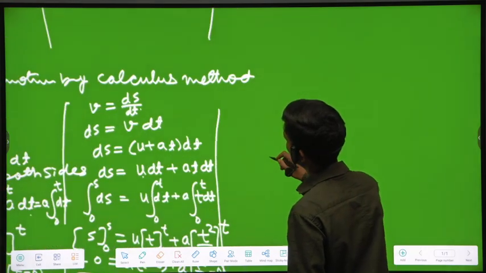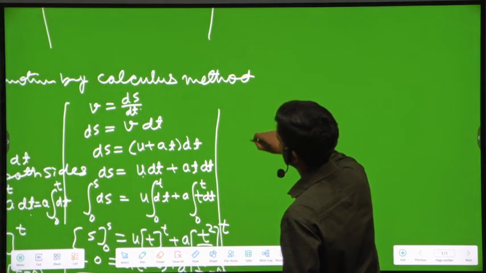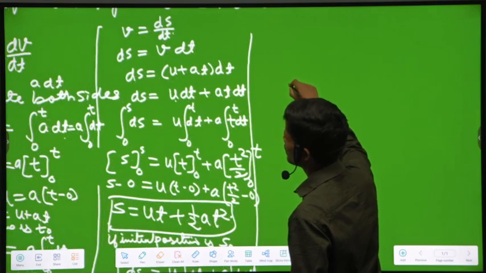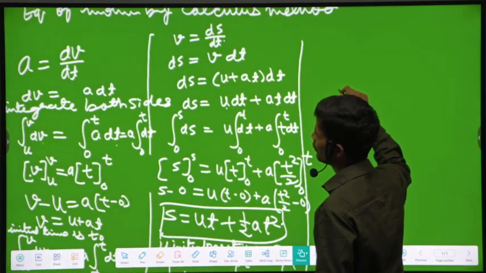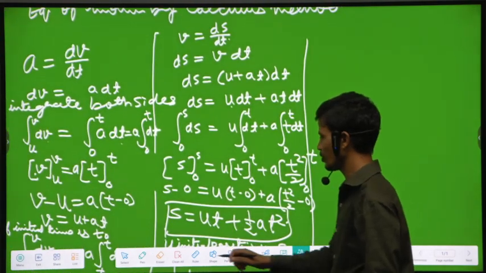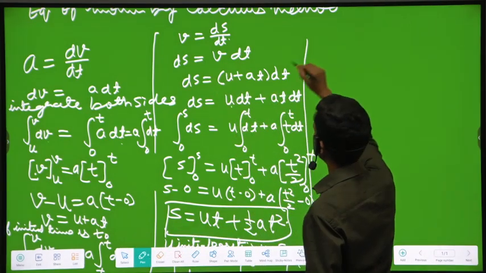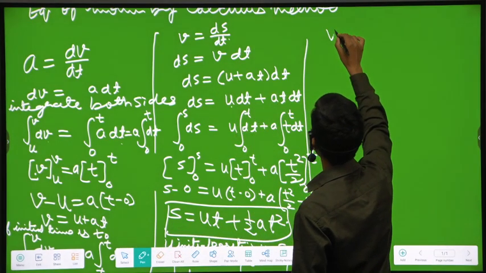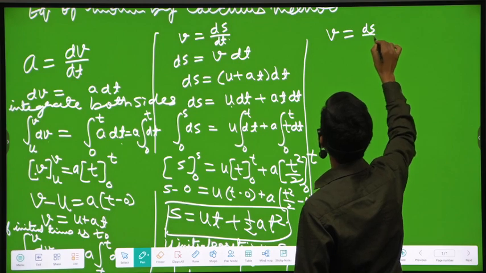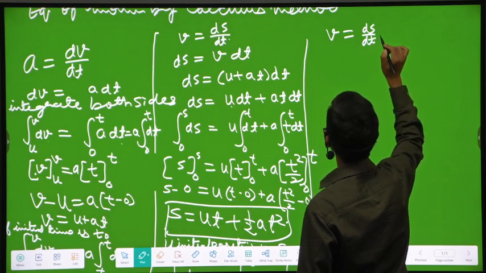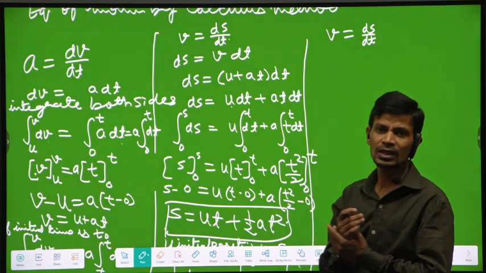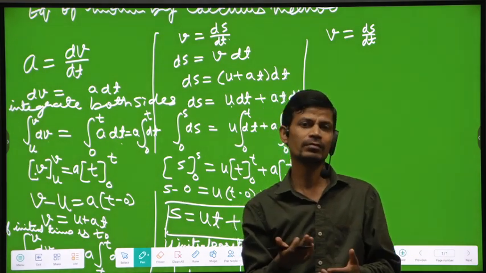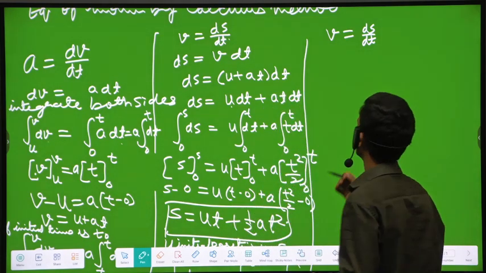As we know, the third equation of motion is similar to the second equation of motion. Here also we'll start from this point, v equal to ds by dt. But as we know, in the third equation time is eliminated.